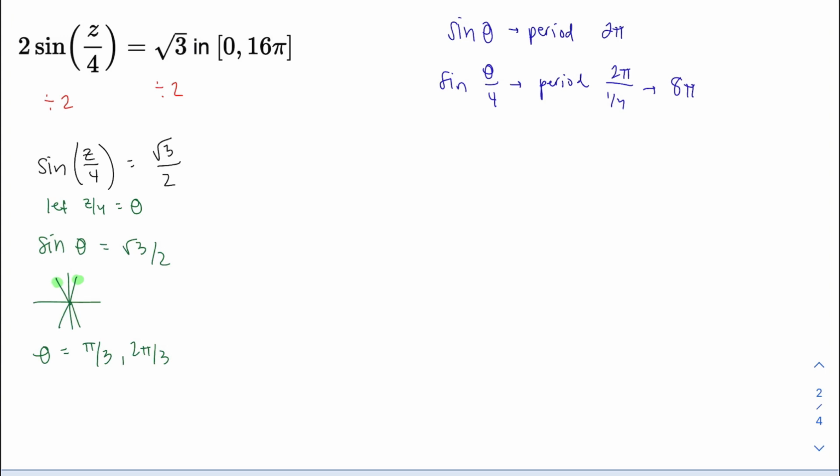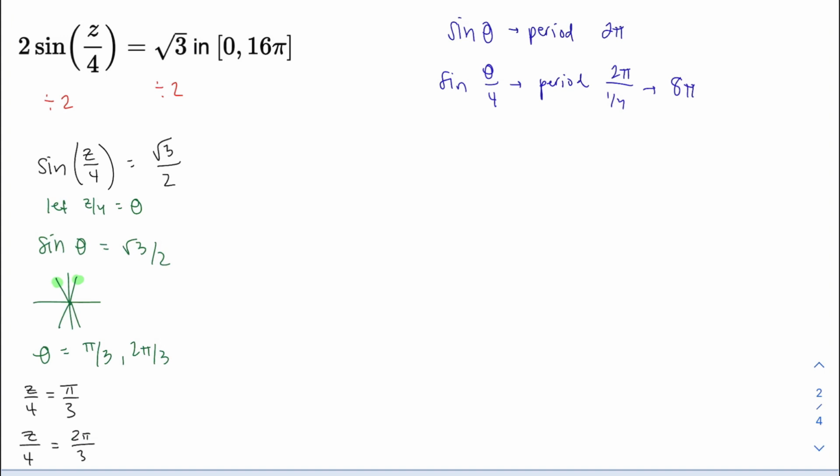So it's important that we substitute back, right? We said that theta was z over 4. Well, now we know what theta is equal to. So now we can say that z over 4 equals pi over 3 and z over 4 equals 2 pi over 3.